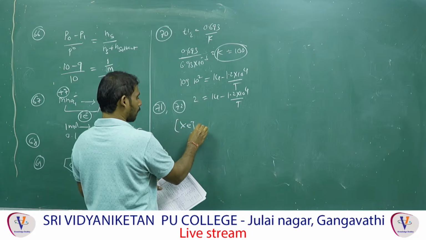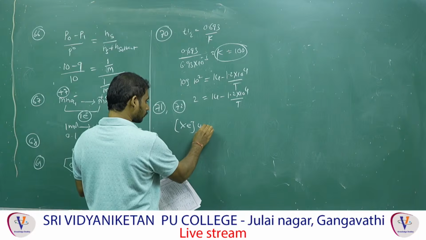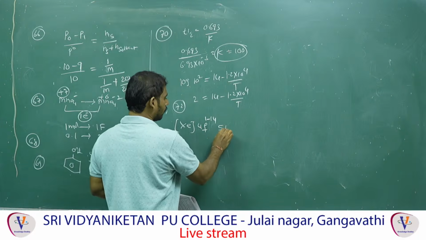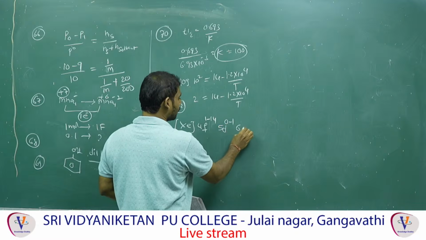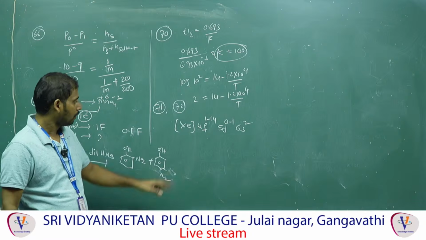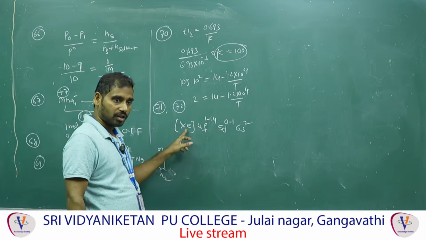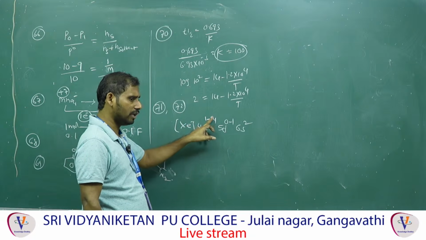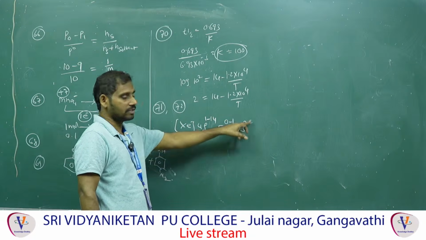Xe, right? 4f1 to 14, 5d0 to 1, 6s2. This is the general electronic configuration of lanthanides. For actinides, radon, 5f1 to 14, 6d0 to 1, 7s2.